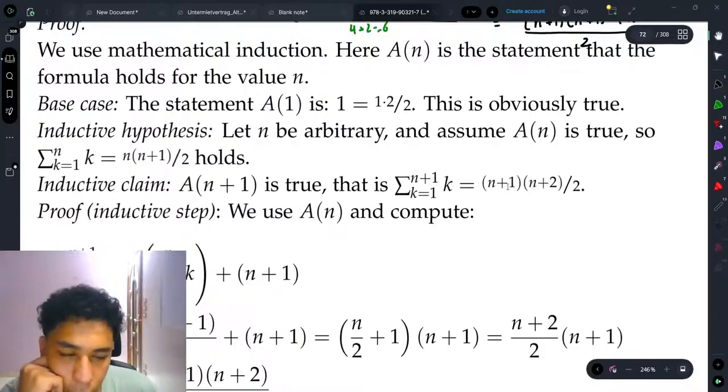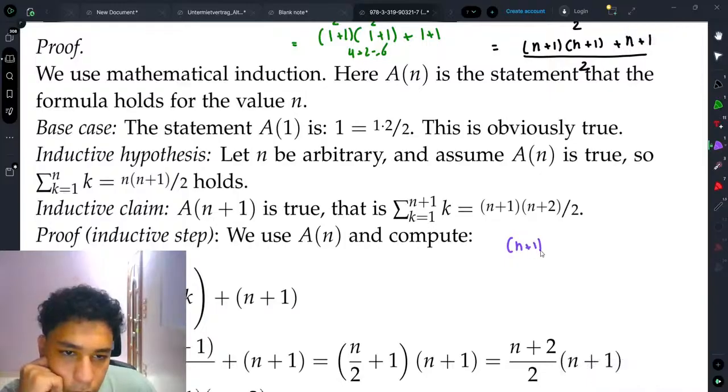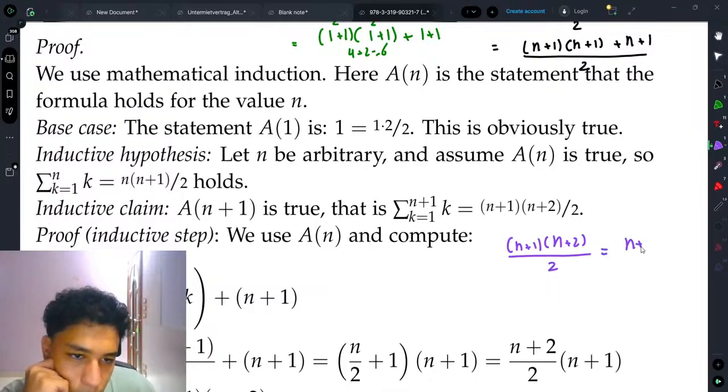No idea. So how did he get this value right here? I know for a fact that this is n plus 1 multiplied by n plus 2 over 2, which equals n plus 1 over 2 and n plus 2 over 2.